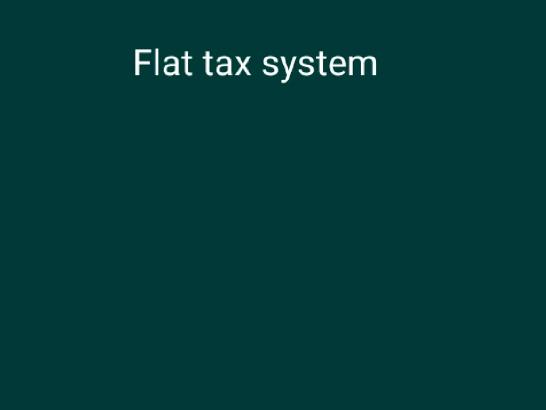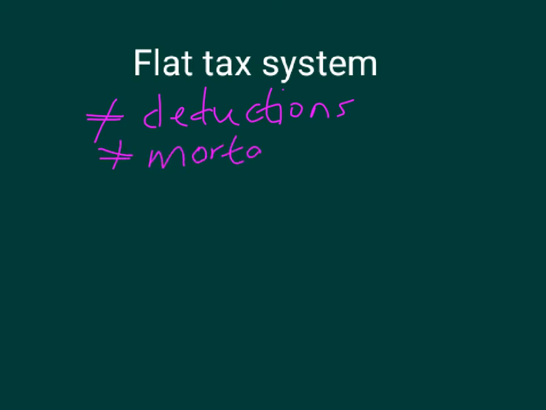However, in the flat tax system, there would be no deductions. Deductions are, for example, if you own a house and you have a mortgage or a bank loan on the house, the interest that you pay on that mortgage is deductible in our current system. So there would also not be any mortgage interest deduction.